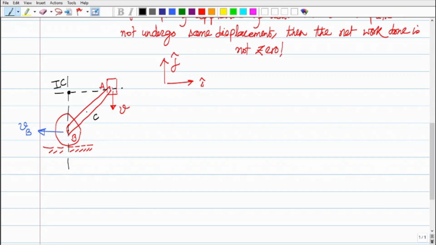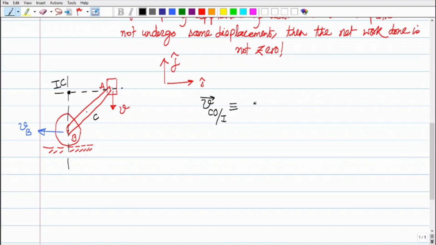So can we now find out what would be the omega of the link? Let me first write down what we have. Velocity of the collar, we'll say VC for collar, and everything is with respect to the inertial frame, so I'm not going to write explicitly C/I everywhere.